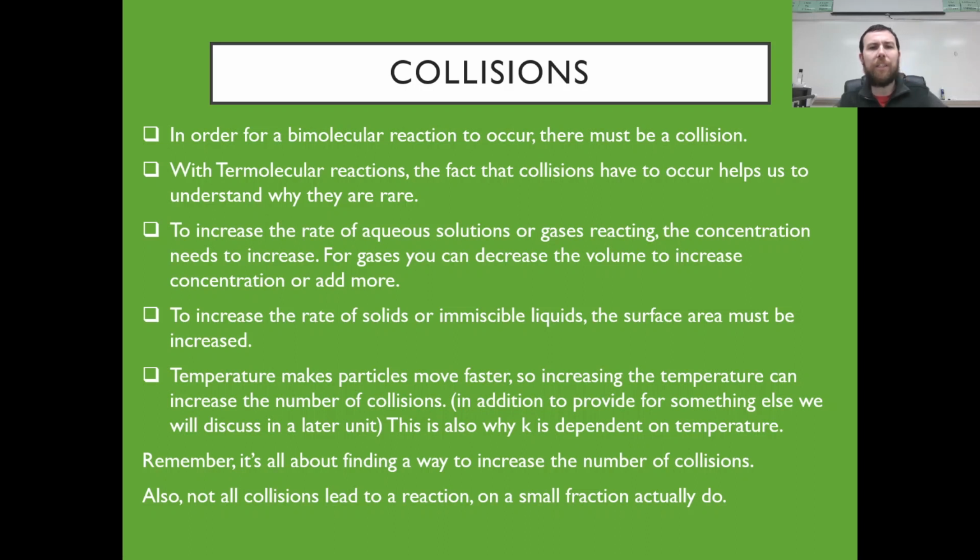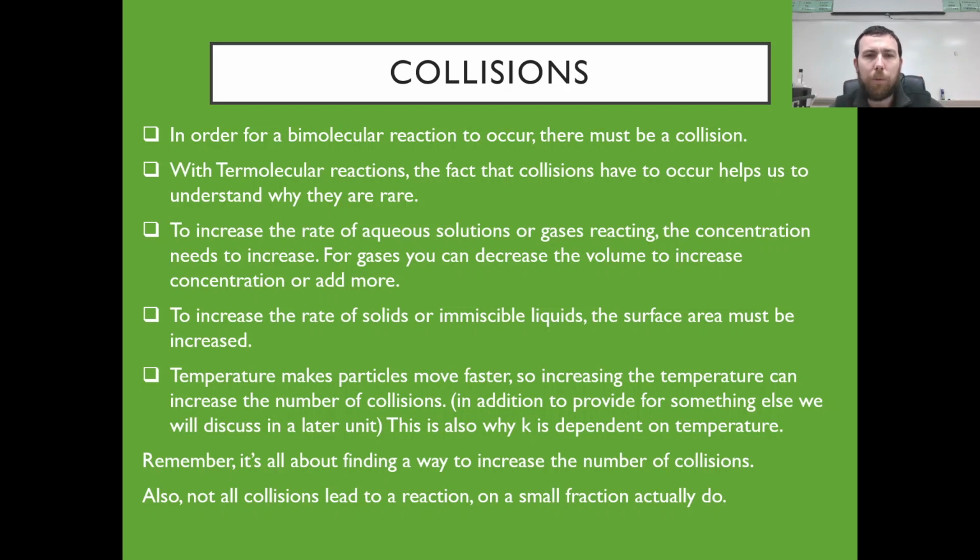And so certainly changing the temperature is going to cause more frequent collisions, more opportunities for reactants to be converted to products. And this is why we mentioned previously that K is dependent on the temperature, right? We can look at the same reaction at one temperature, its rate could be one thing, but at a higher temperature, maybe its rate's faster. And that's just accounting for the increased particle movement.